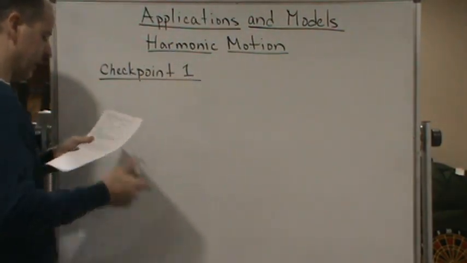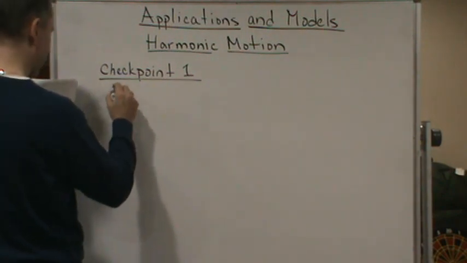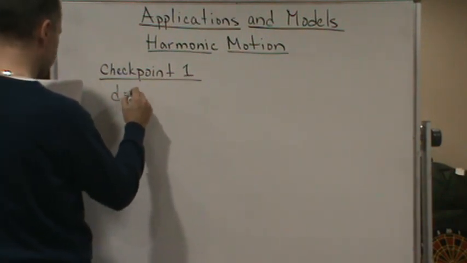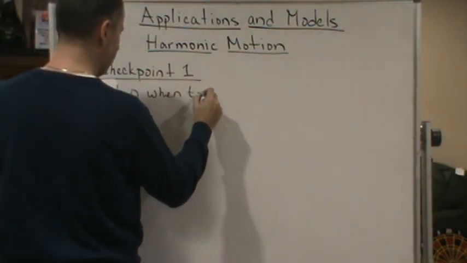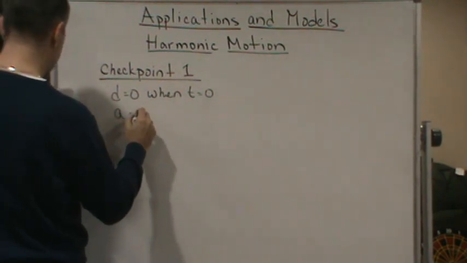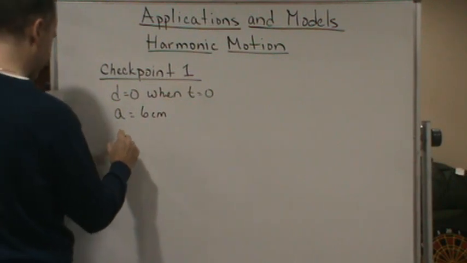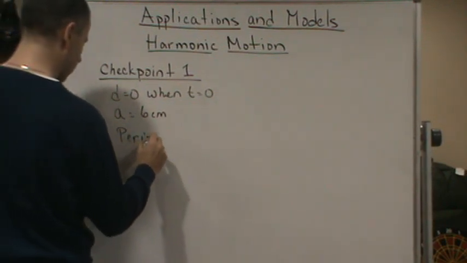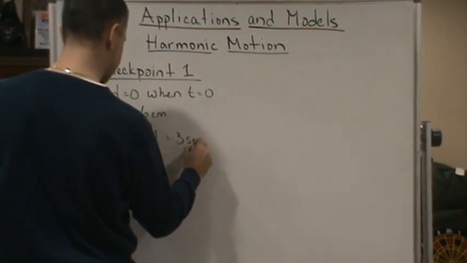All right, here we go. So what do we know? We know d is equal to 0 when t is equal to 0. And we know the amplitude is equal to 6 centimeters and the period is equal to 3 seconds.